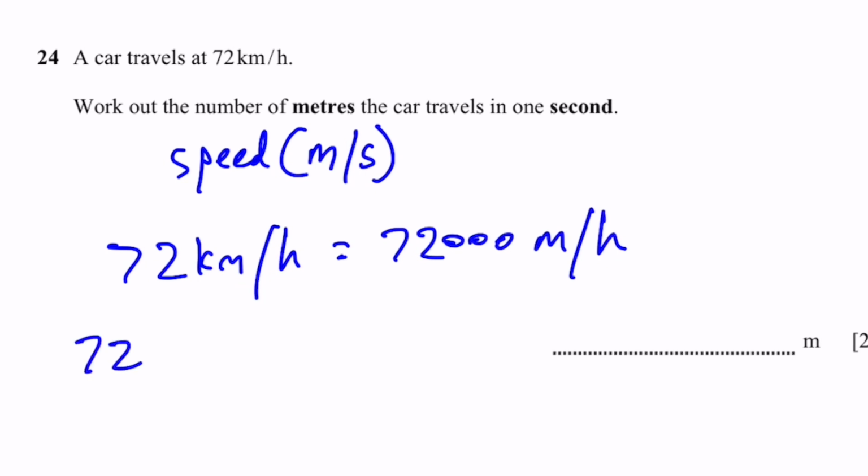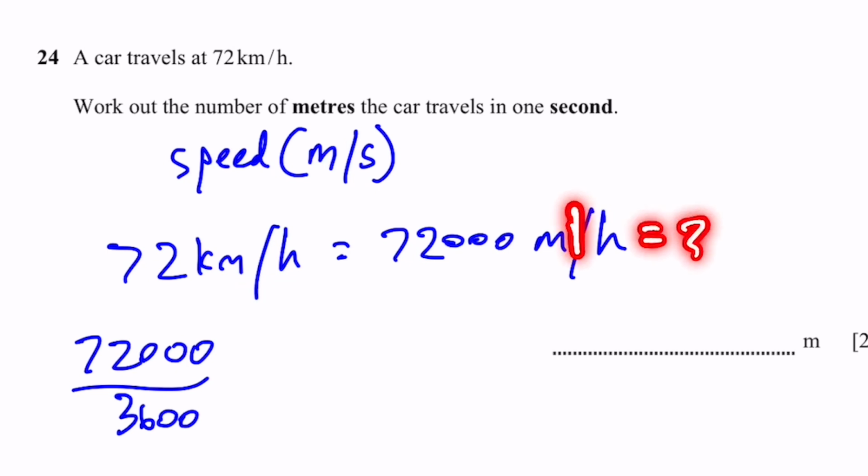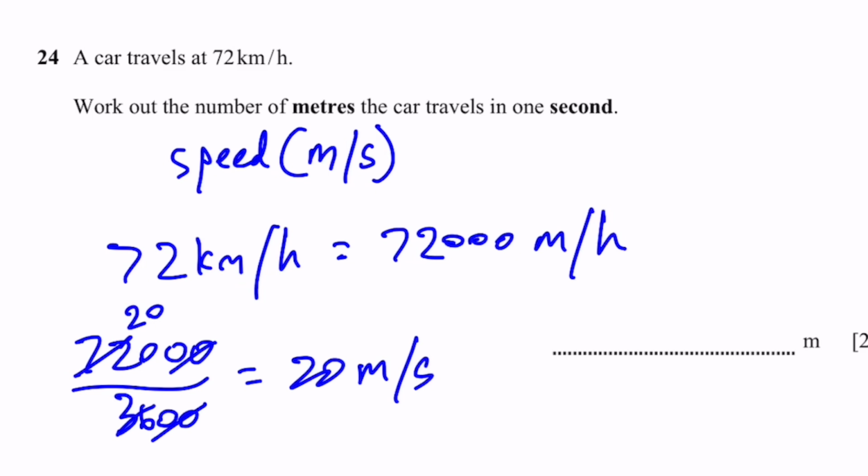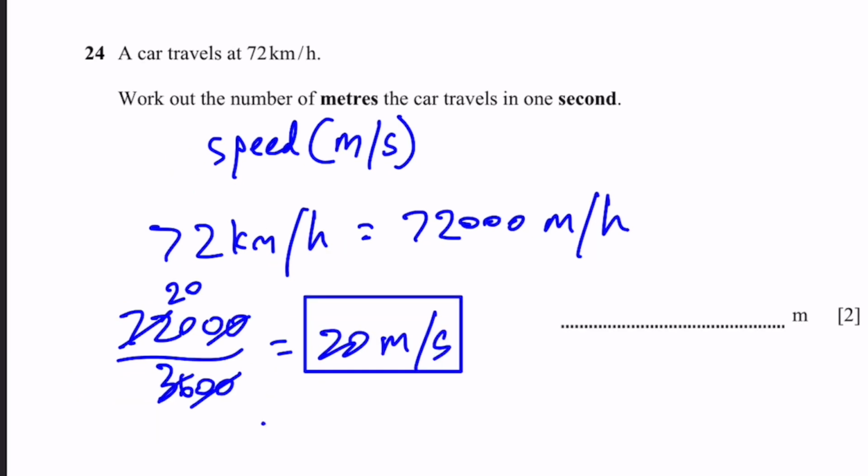And then 72,000 divided by 3,600, because 1 hour contains 3,600 seconds. So when we divide it, we get meters per second. And when we do divide it, we get 20 over here. So 20 meters per second. And the answer is 1 second, 20 meters.